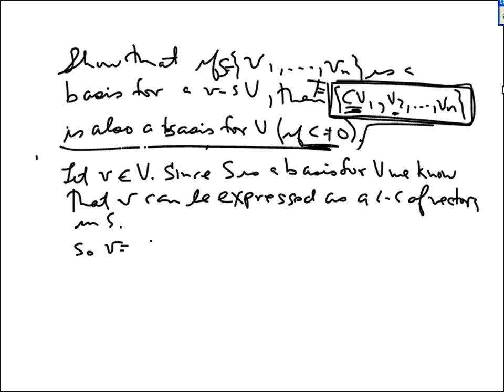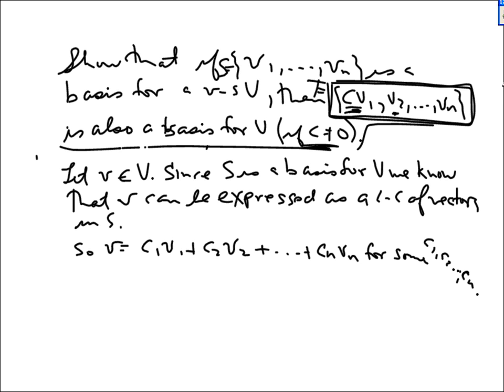So V is C1V1 plus C2V2 all the way up to CnVn for some C1, C2 up to Cn.